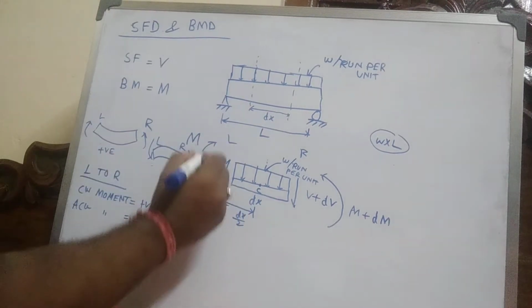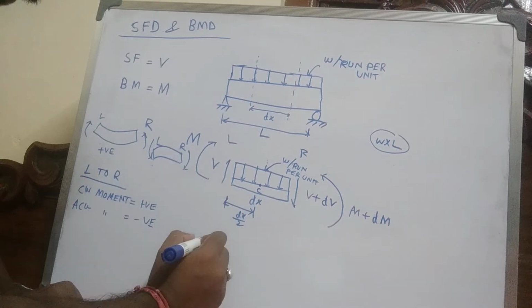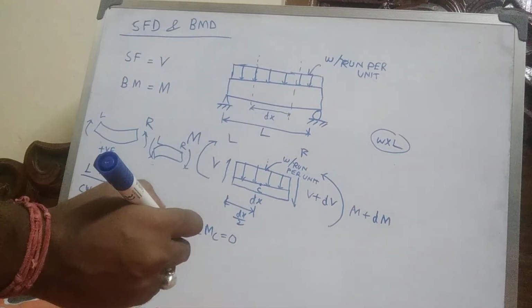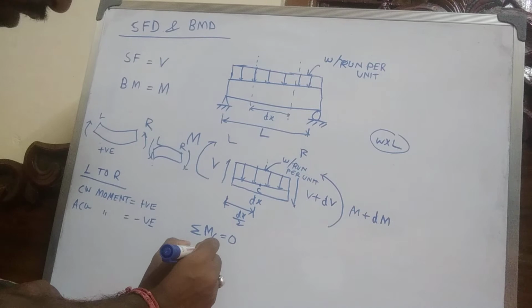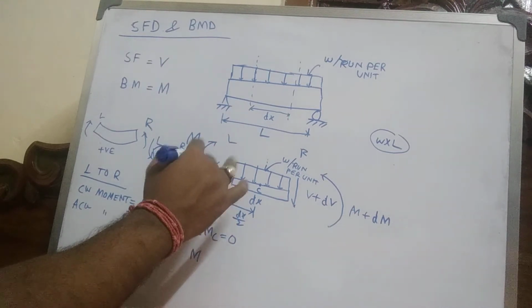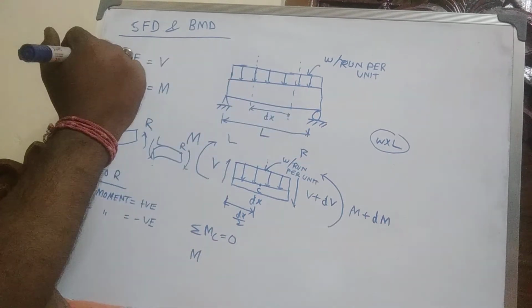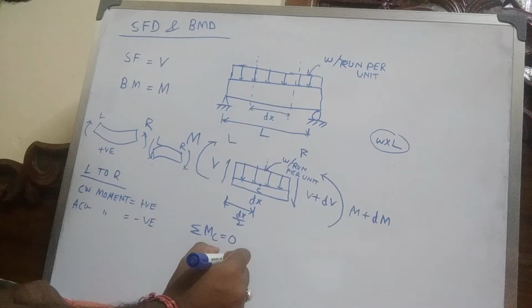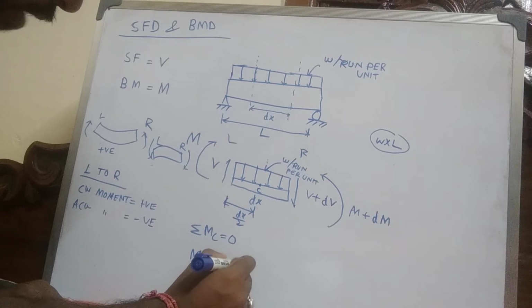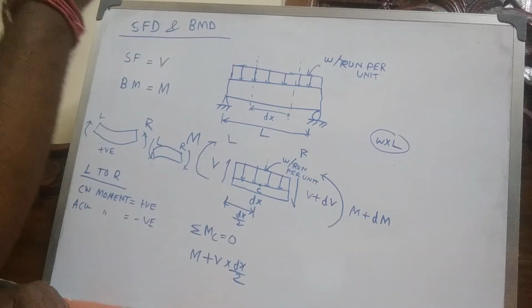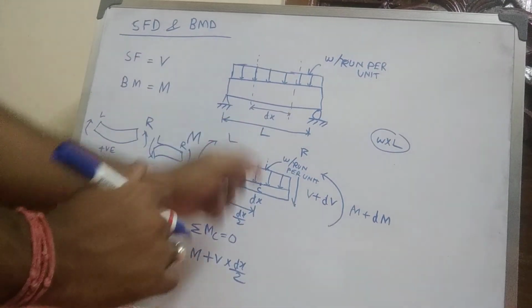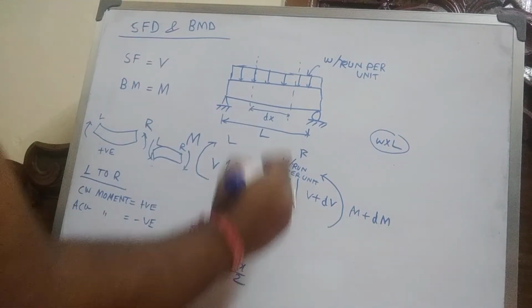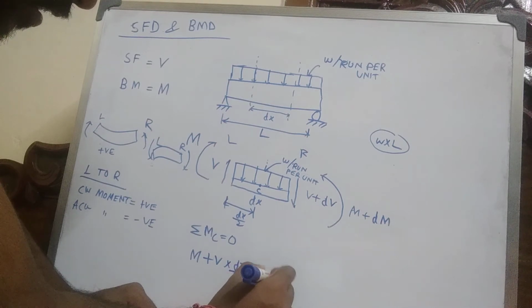Suppose the moment is in the clockwise direction, taking the summation of moments about point C. M in the clockwise direction is positive, and shear force into distance gives a moment. Clockwise, V into dx by 2, and W acts at the centroid of the element, so plus W into dx into 0.